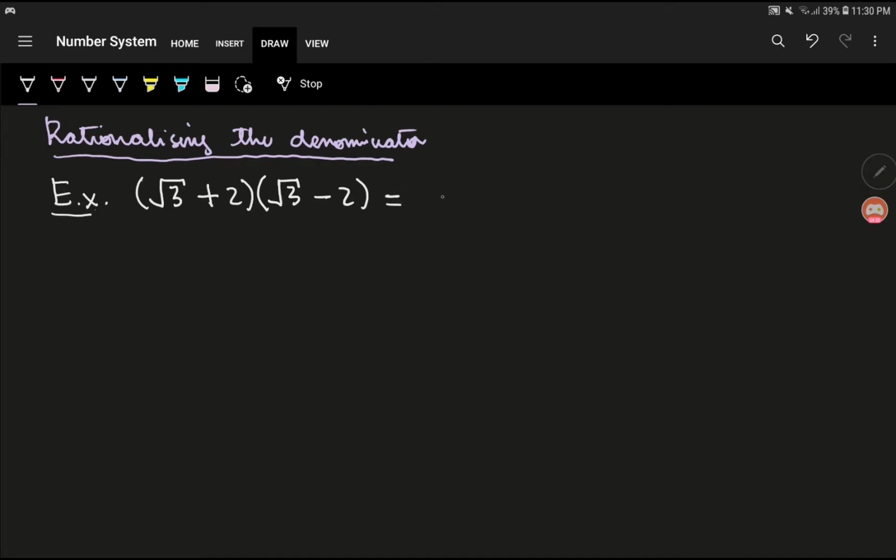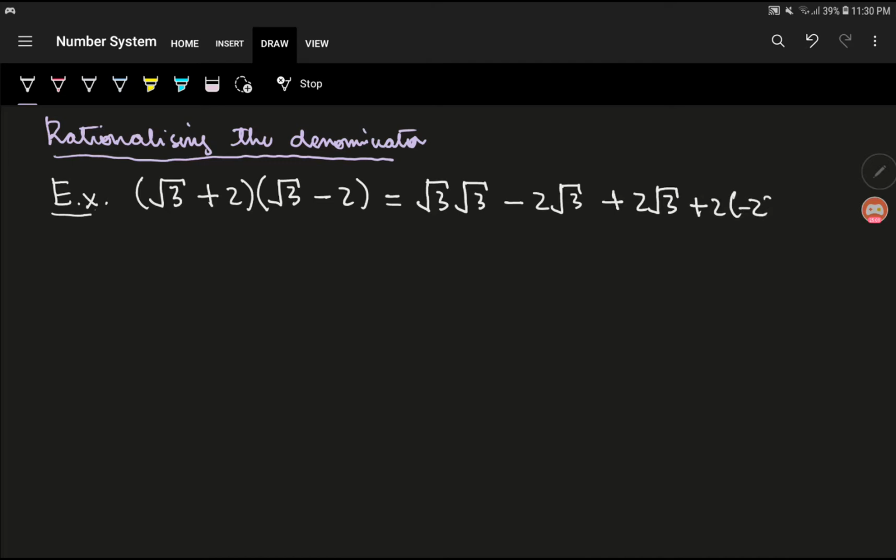So surd 3 multiply surd 3, then minus 2 surd 3, then plus 2 surd 3, and then plus 2 multiply negative 2.